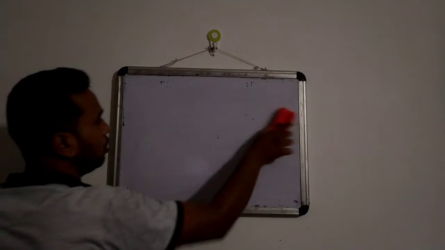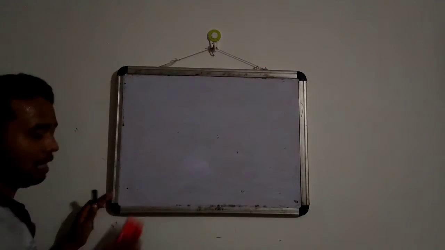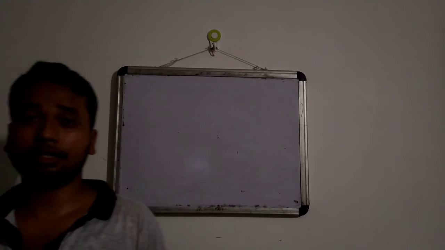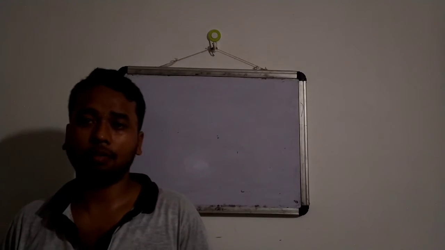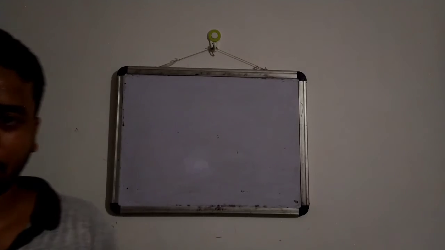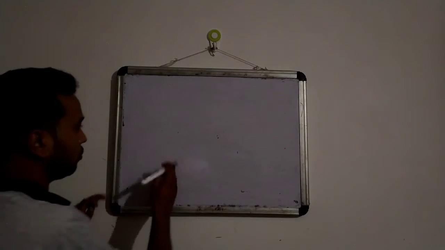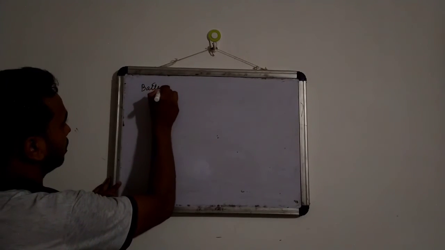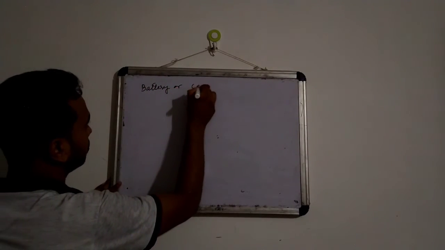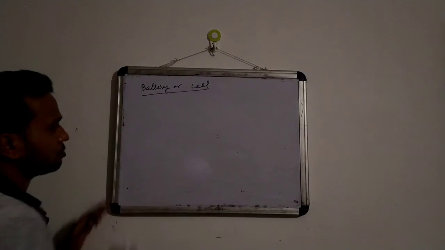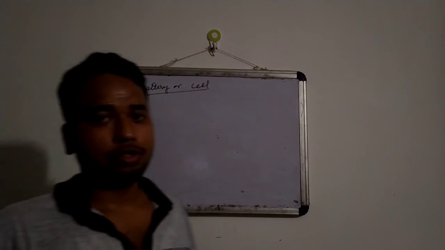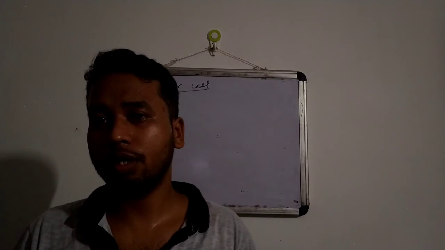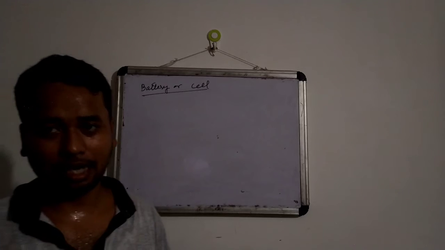So the next component of an electric circuit. There are a few components of an electric circuit, just like battery, bulb, switch, conducting wire. So first, battery or cell. All of you see your TV remote. At the back of the TV remote there are two cells.